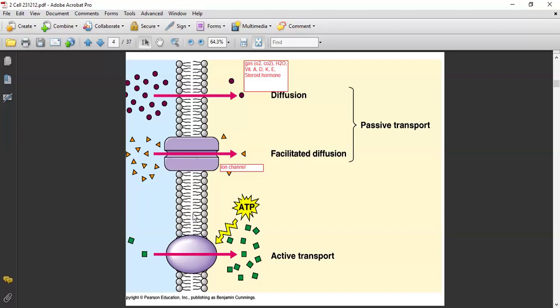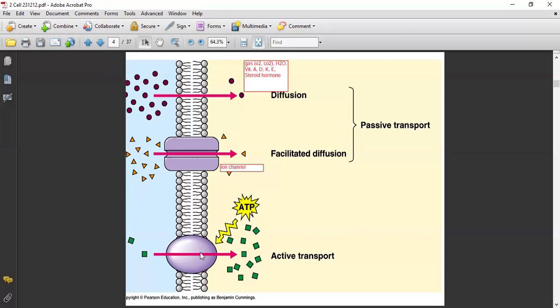Our cell membrane also has another way to transport molecules. This other way is called active transport. With this one, again, we need a protein, a membrane protein. This protein is synthesized from gene expression, from the gene in the DNA to RNA, later we will talk about that, and then to protein. This protein anchors on the membrane and is very unique.